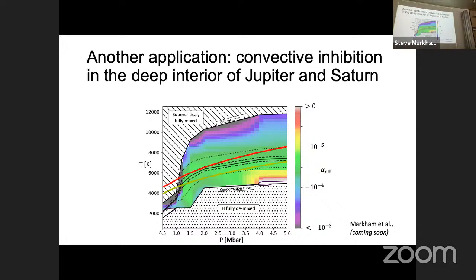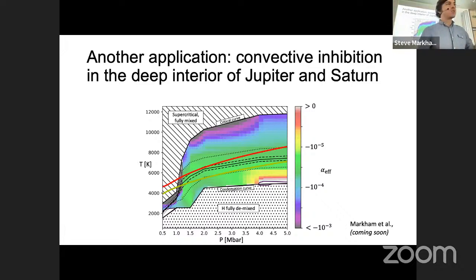So it's conceptually very similar to gas and condensate phase separating. And you can use the same method that I described previously to evaluate whether it is going to increase or decrease in density as you increase the temperature under thermodynamic equilibrium, and you find that it should be stable against convection. So this is something I'm working on.